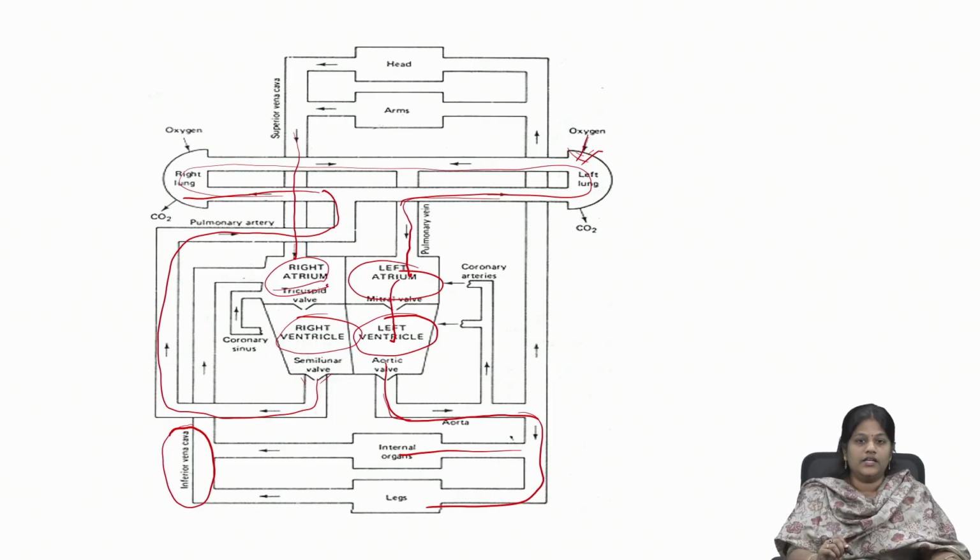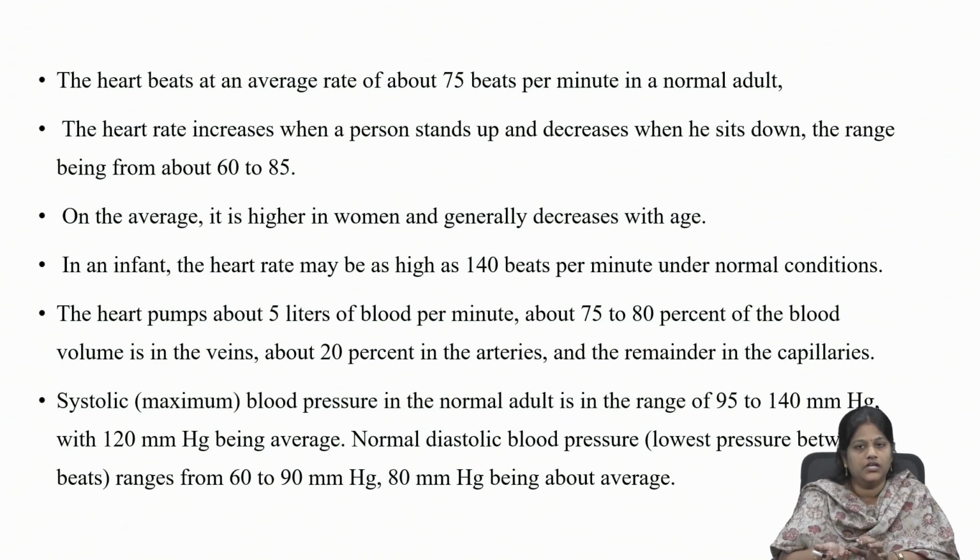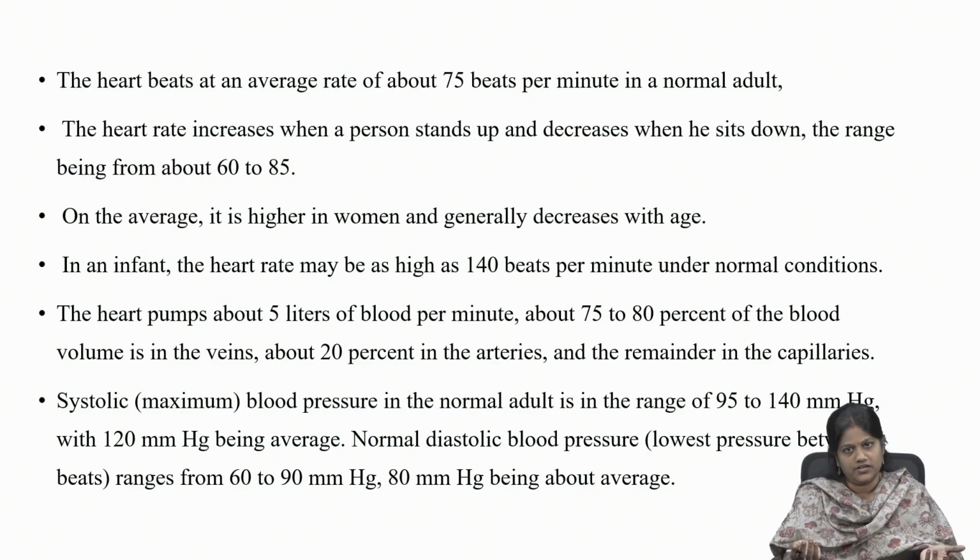Next, we know that our heart beats at an average of 75 beats per minute in a normal adult. It may either increase or decrease when a person stands up and sits down, so accordingly the heartbeat may vary. That is why we have given the average adult range as 60 to 85.